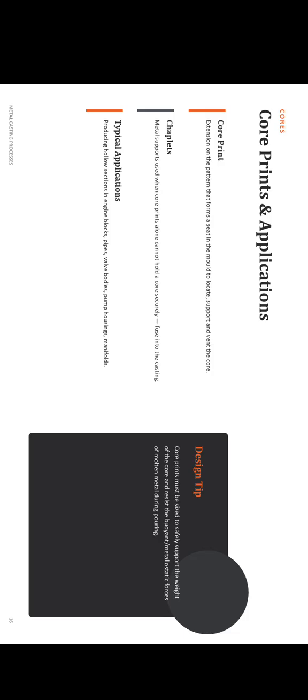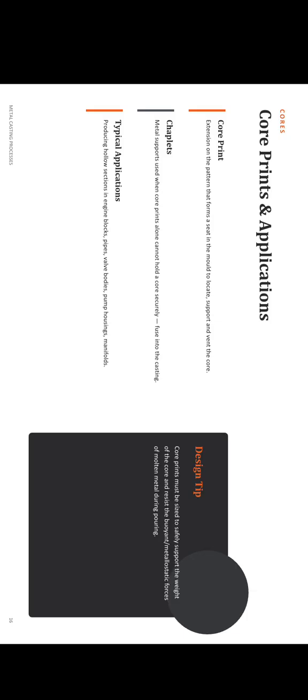Core print and chaplet application. Design tip: core print is an extension on the pattern that forms a seat in the mold to locate, support and vent the core. Chaplet: metallic support used where the core print alone cannot hold the core securely, fused into the casting.